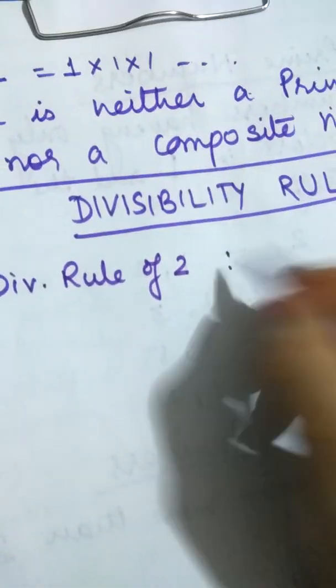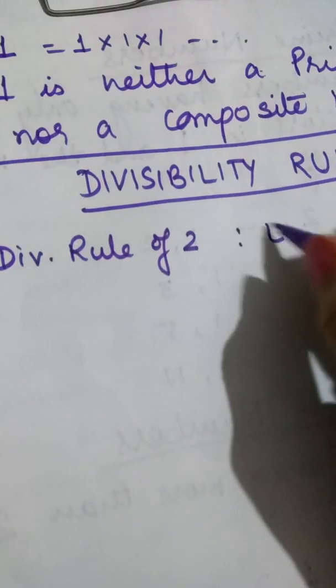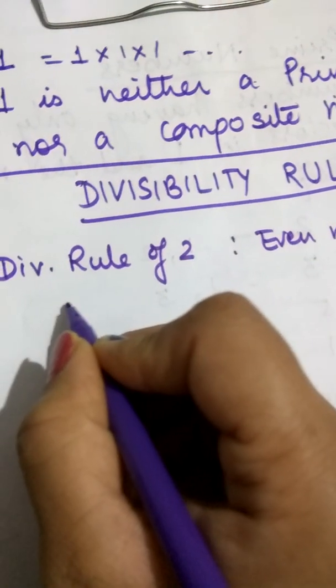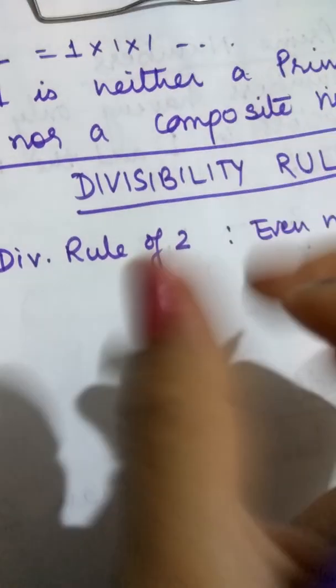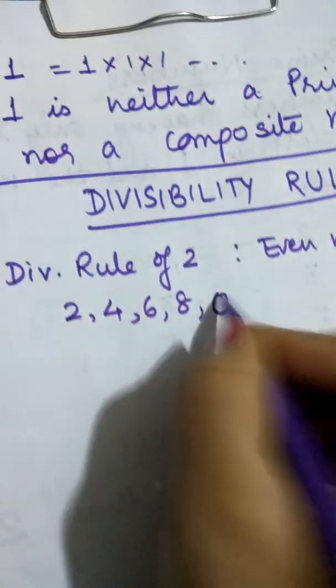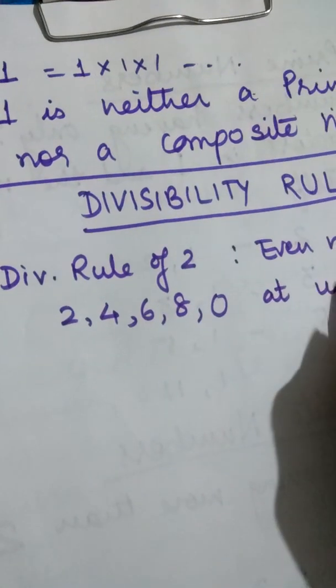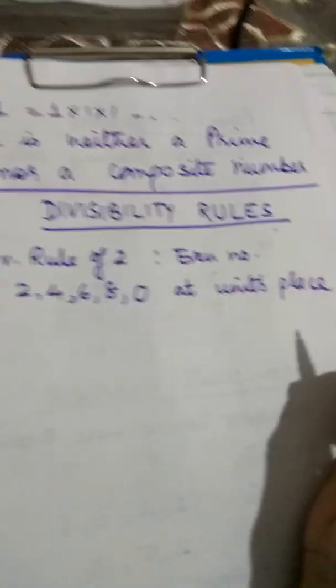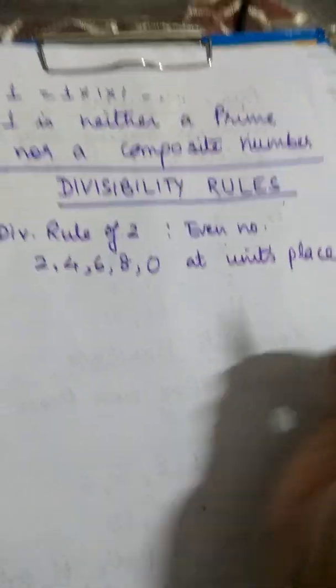For any number to be divisible by 2, it should be an even number. That is, the ones place of the number should be 2, 4, 6, 8 or 0. So this is the divisibility test for 2.